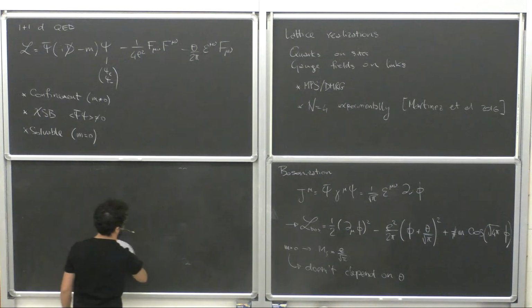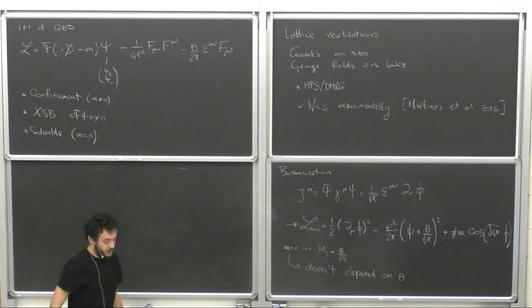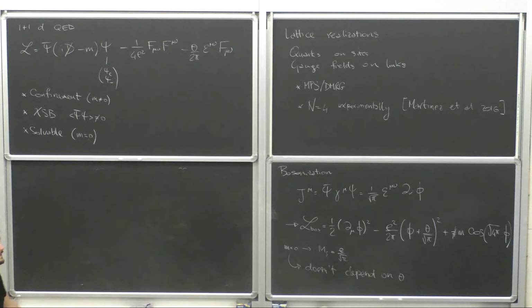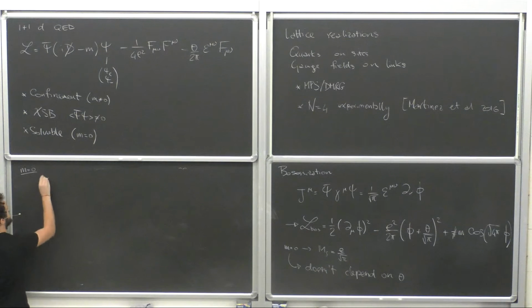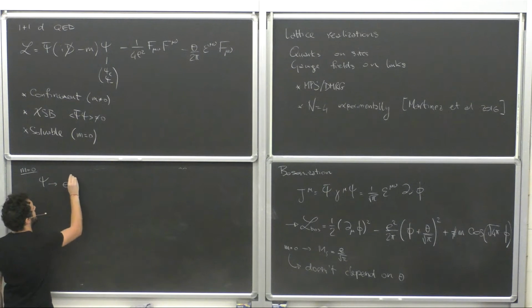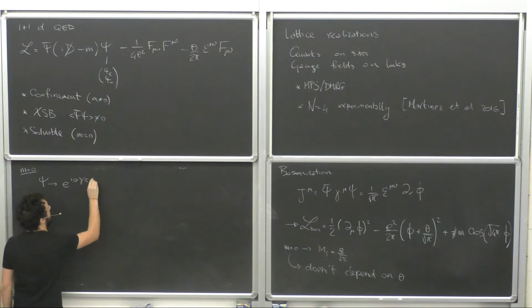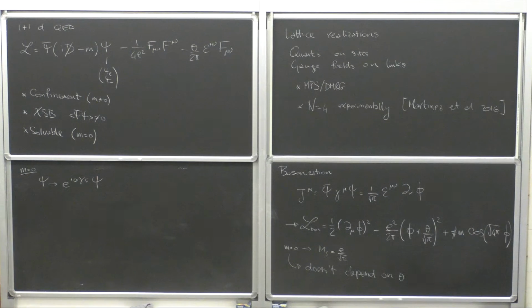So I told you that this theory has a conserved current, and if you go and look at the m equals 0 theory, you might be tempted to say that there's another symmetry in your Lagrangian, which is doing a chiral transformation on the field psi.